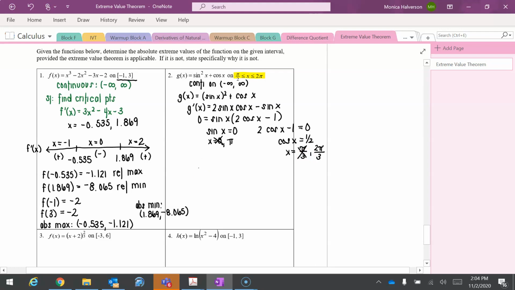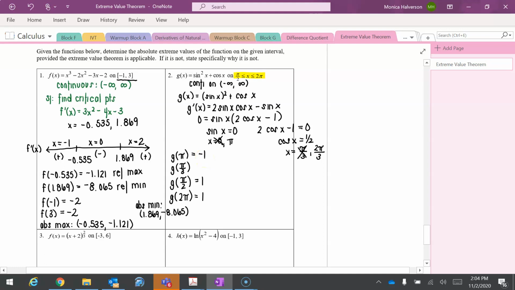Now, g of pi over 3, g of pi over 2, and g of 2 pi, which is our endpoints. So g of pi over 2 equals 1. g of 2 pi is equal to 1. g of pi is equal to -1.